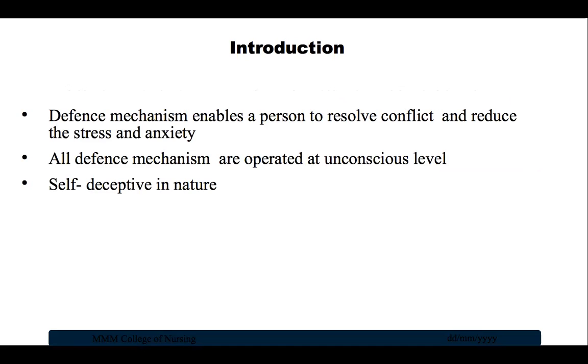Defense mechanisms basically enable a person to resolve conflicts and reduce stress and anxiety. Usually, all these defense mechanisms operate at an unconscious level, and most of them are deceptive in nature.